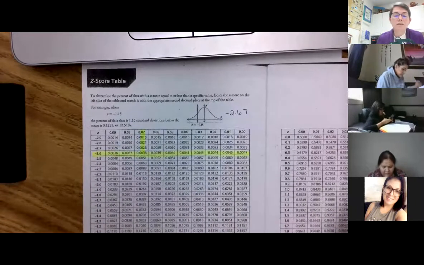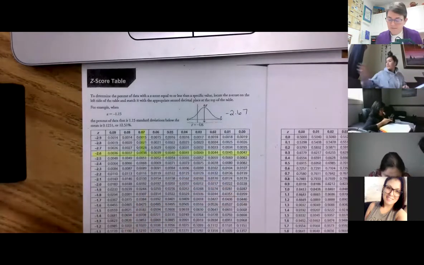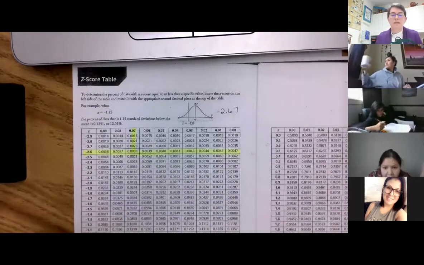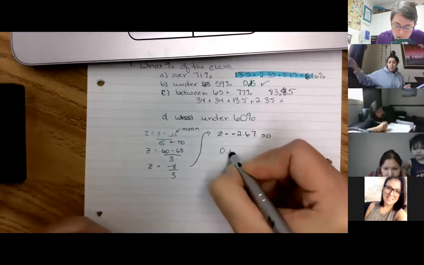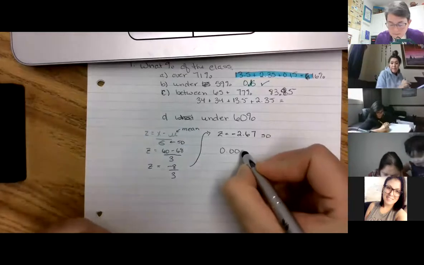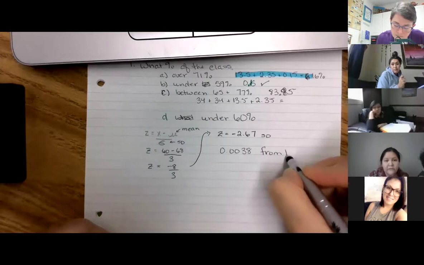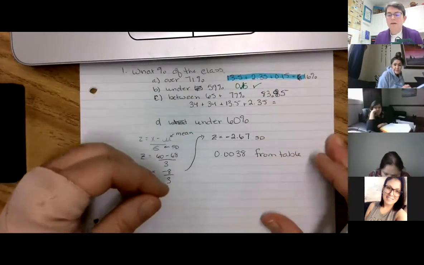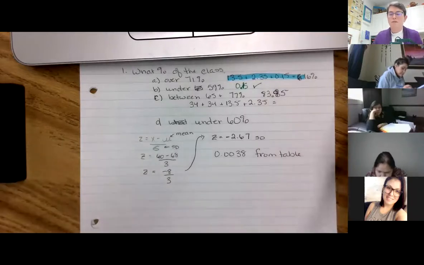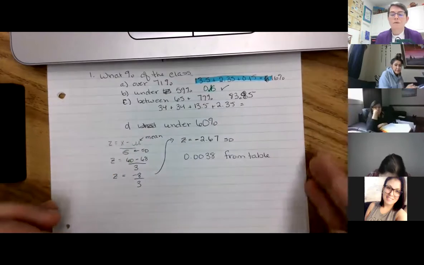I don't know if you guys can see it, but it's 0.0038. I always write that part just so I know, or someone else knows, where this is coming from.